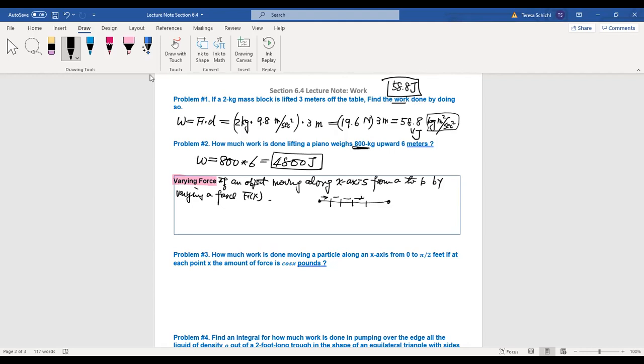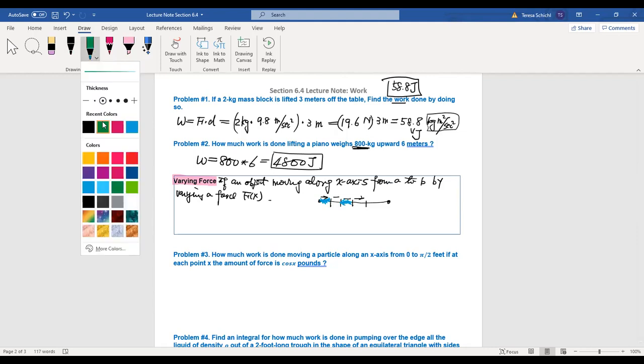So my force is not a constant force here. So what can you do? Just like we did in the Riemann sum concept, you can calculate the work by each sub-interval, then you add them together. So that is where the integration comes into play.